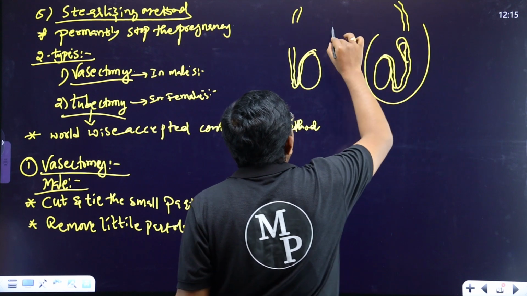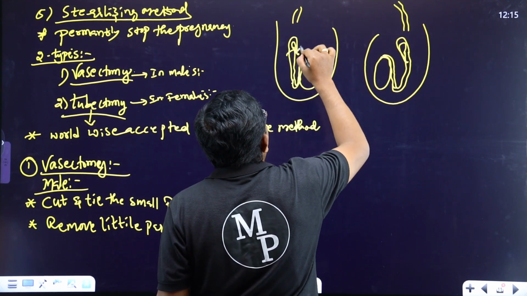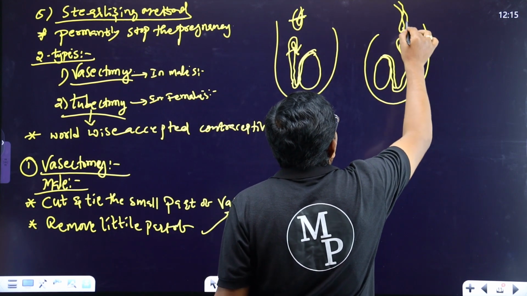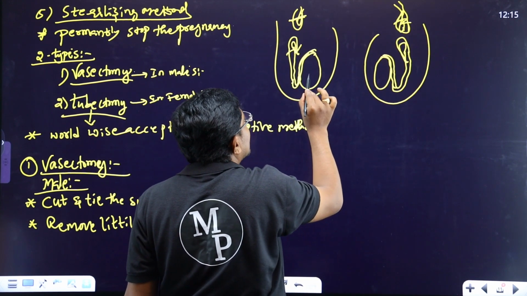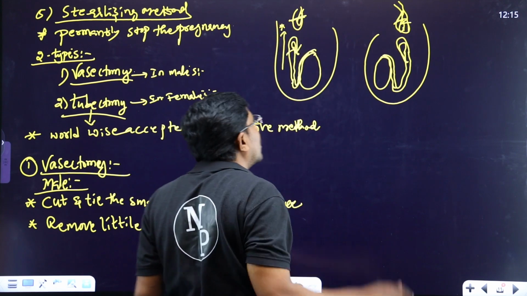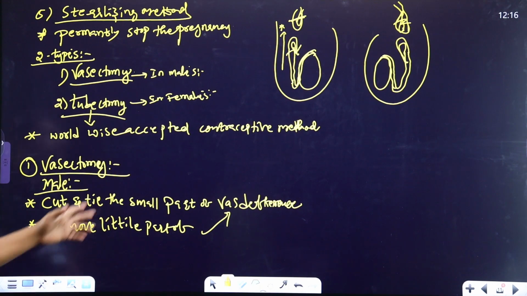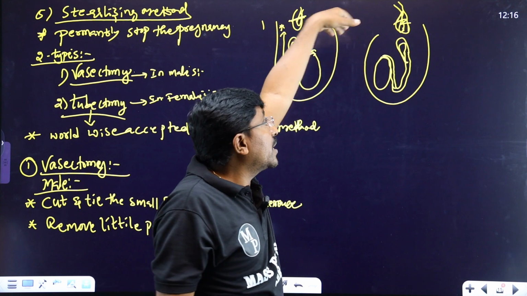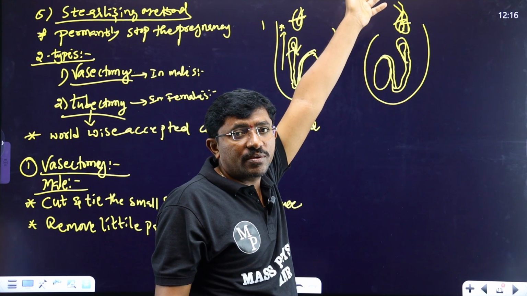It all happens inside the scrotum, a cut and tie or removal of a little tissue. So whatever sperms are produced within the testes do not reach the other part of the vas deferens and the ejaculatory duct.